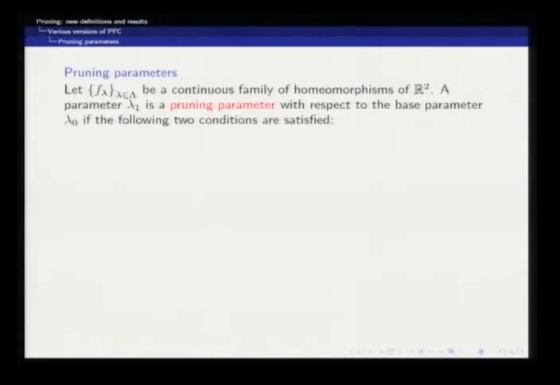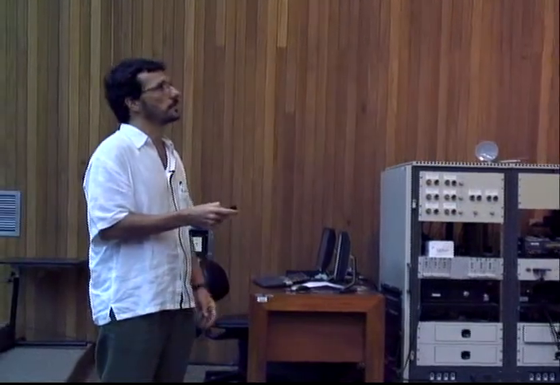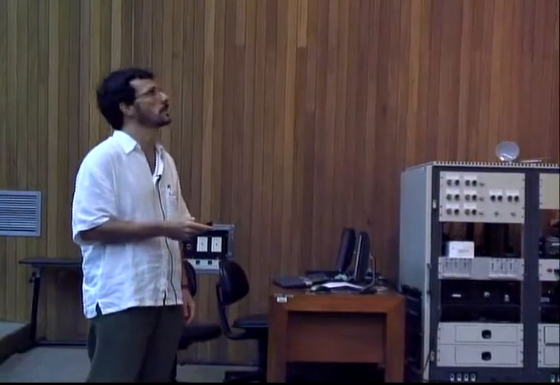So you can define a pruning parameter to be the following thing. You start with a family parameterized by your connected set lambda. And here, of course, what I have in mind is the Henon family parameterized by these parameters a and b, or whatever else. In any case, you could think of F lambda as the Henon family or the Lozi family, a continuous family of homeomorphisms of R2. So a parameter lambda 1 is a pruning parameter with respect to the base parameter lambda naught if the following two conditions hold.